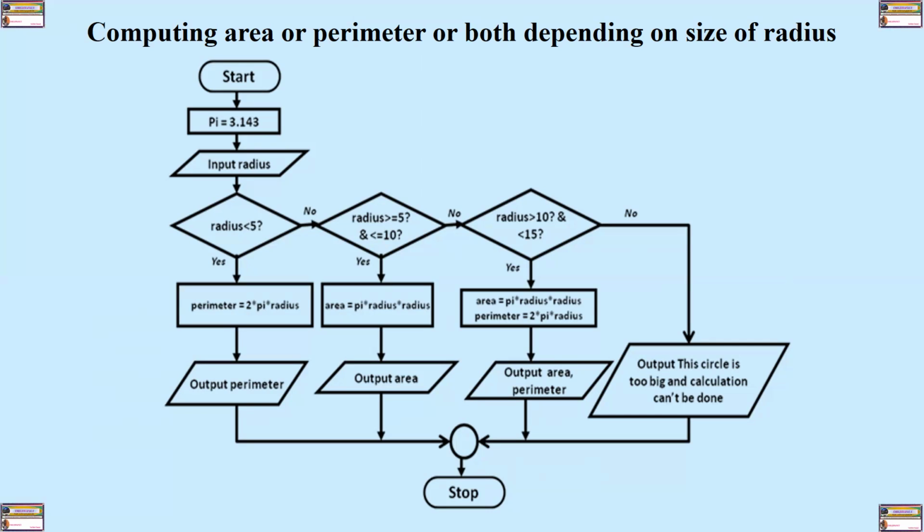Display the value of area and the value of perimeter. Otherwise, if it is not less than 5, not between 5 and 10, not between 10 and 15, then this program will not compute any area or perimeter. It will just display the message, this circle is too big and the calculation can't be done, and the program will stop.